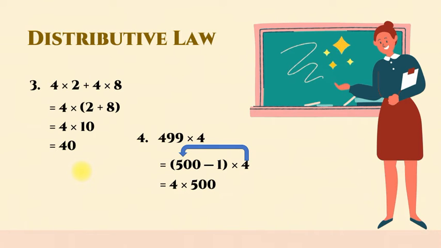And then after that, you minus 4 times 1. Expand one by one, so you will get 2000 minus 4. 2000 minus 4 is 1996. So this is the most important thing in the distributive law.